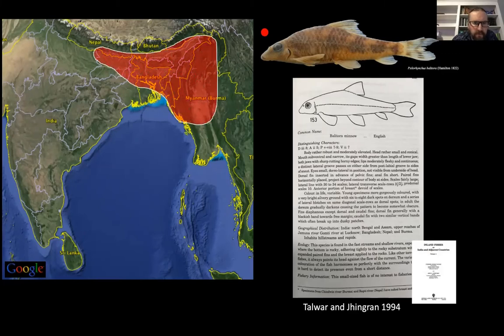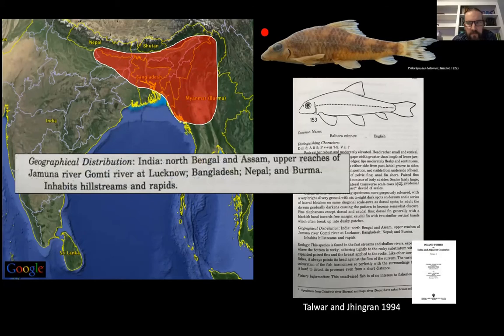This is a fish that used to be considered to have a relatively strange distribution, if you ask me. And in their summary of Indian freshwater fishes, Talwar and Jhingran described the distribution of Cyrenacus balatora as encompassing multiple drainages in multiple countries, including those of India, Bangladesh, Nepal, and also Myanmar.